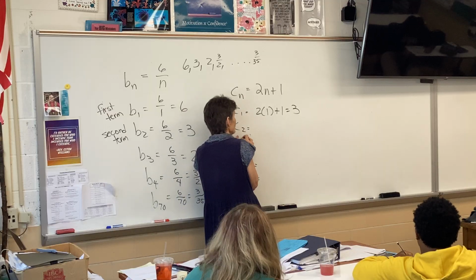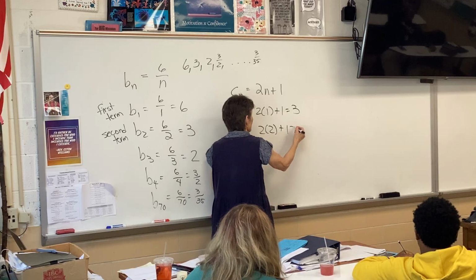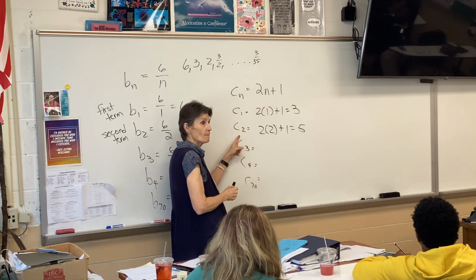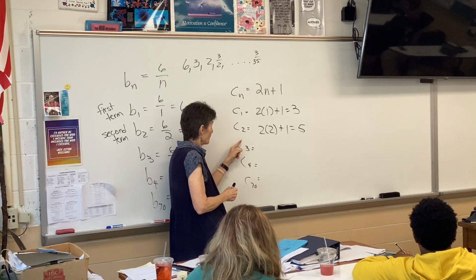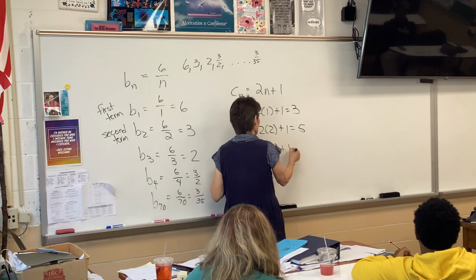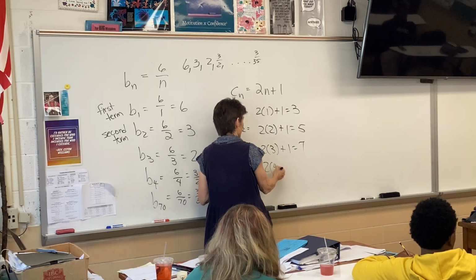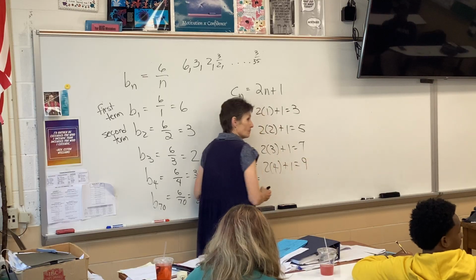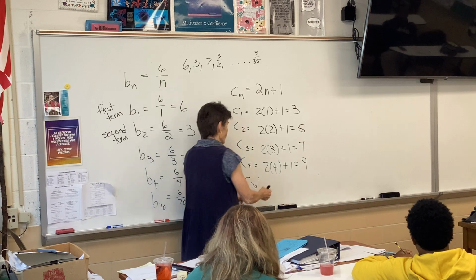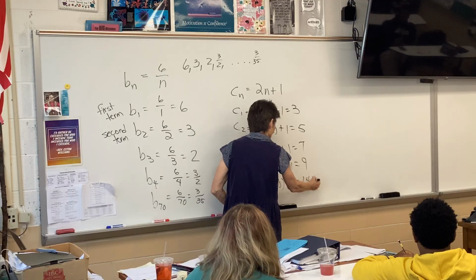And C sub 2 will be 2 times 2 plus 1, which is 5. You're getting it. What's C sub 3? 2 times 3 plus 1, which is 7. What's that guy? C sub 70. 2 times 70 plus 1, what is it, 141? Yeah.